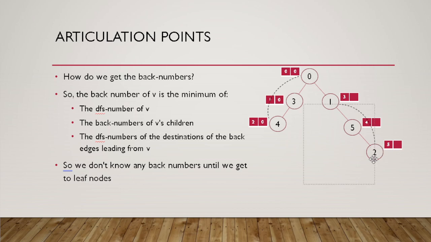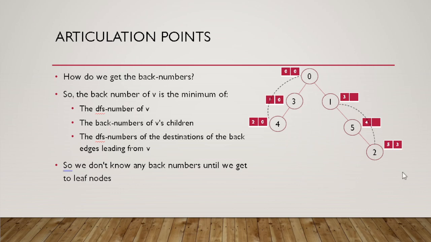For vertex 2, the back number is the minimum of its own DFS number, which is 5, the back numbers of its children, and it doesn't have any, and the DFS numbers of the destinations of its back edges, and it's got one back edge which goes to the vertex with DFS number 3. So what we get is the minimum of 5 and 3, which gives us 3.